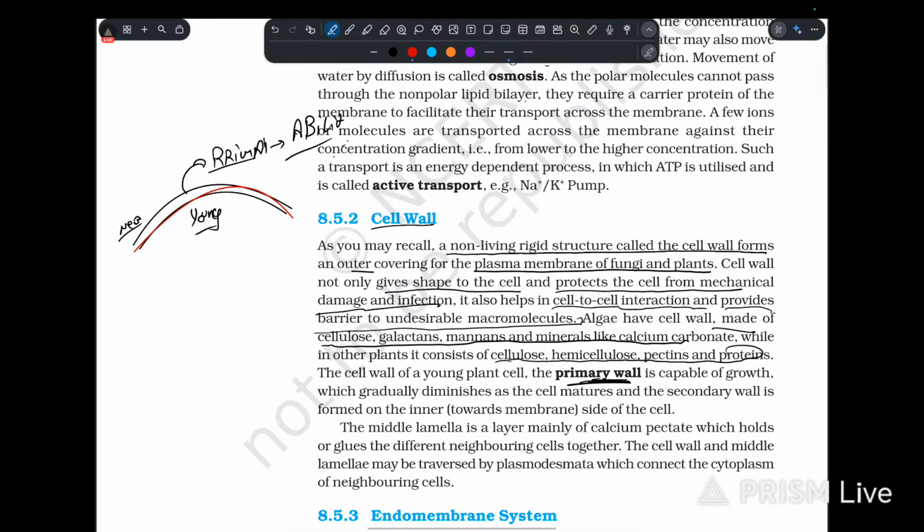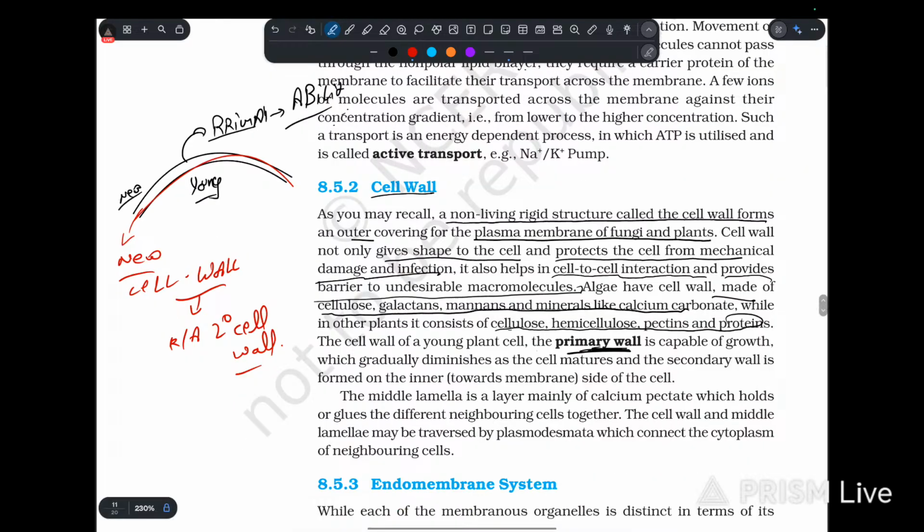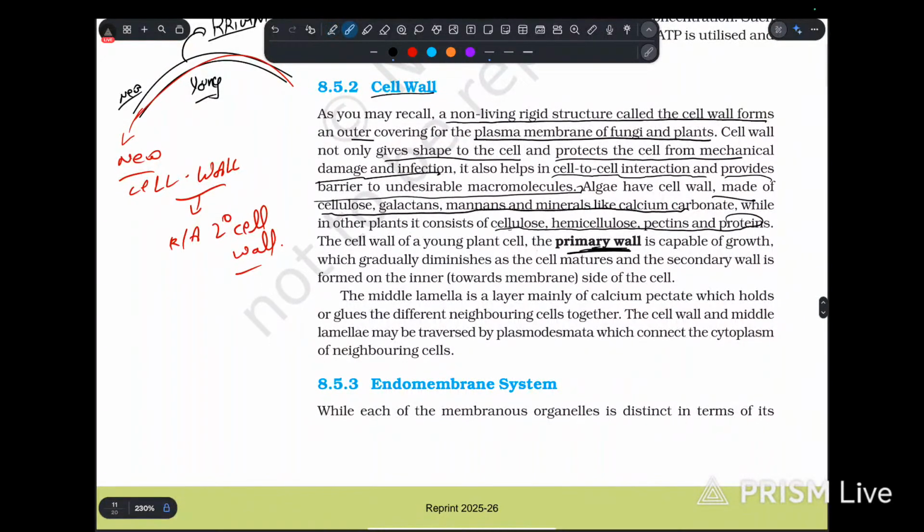Here is the new cell wall, which is known as the secondary cell wall. Also there is a presence of a thing called the middle lamella, which is mainly made of calcium pectate, which glues neighboring cells together.